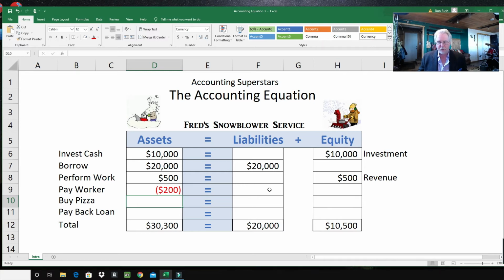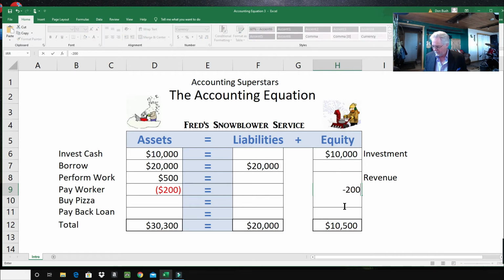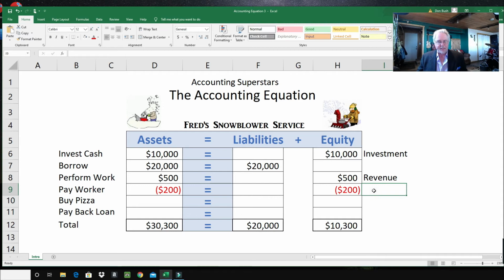He paid the worker. So what I'm going to do is I'm going to put it under equity here, as a negative $200. How many of you folks knew that it should be a negative $200, not just simply $200? So our accounting equation balances, negative 200 on the left, negative 200 on the right, things are good, and if we add up the totals, they balance also. I'm going to label this as expense. This is an expense, and in a later video, I'll explain more about it.